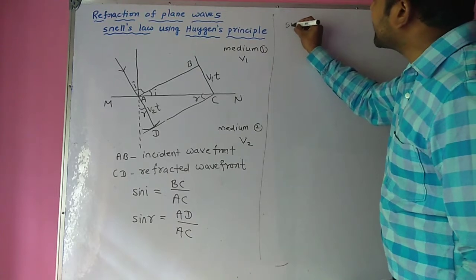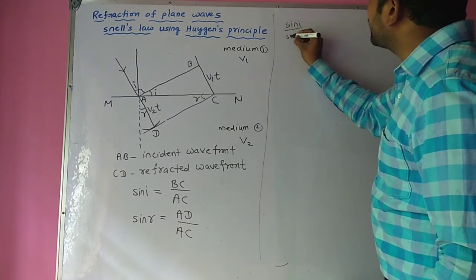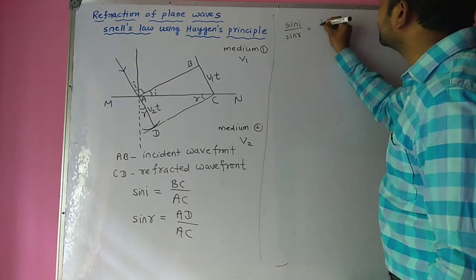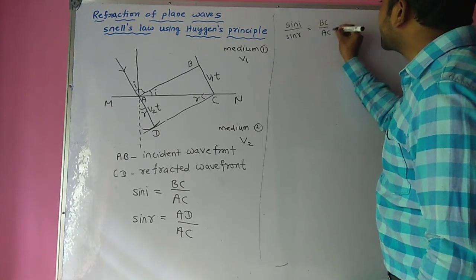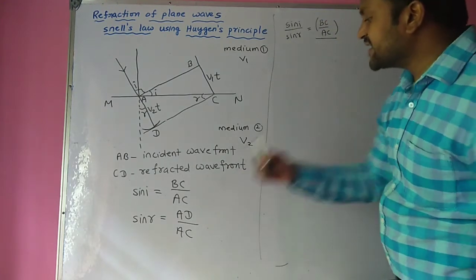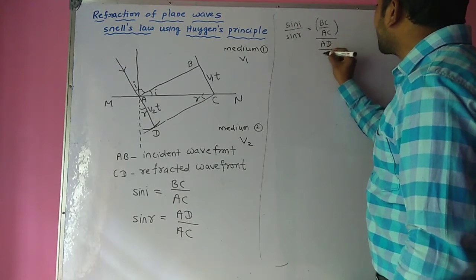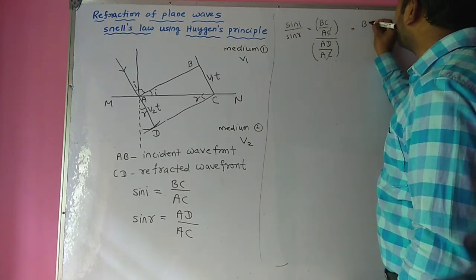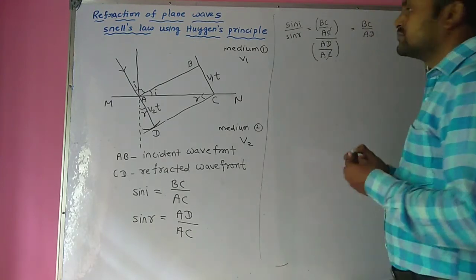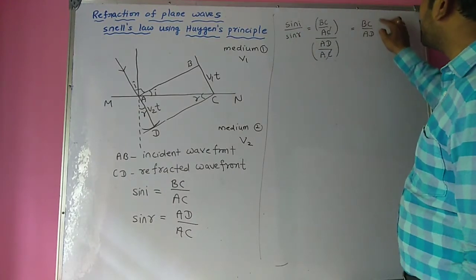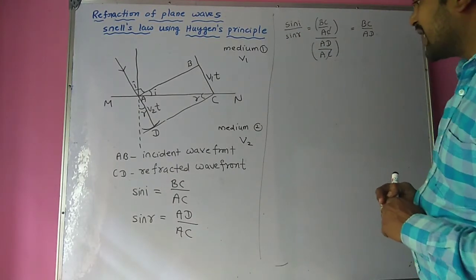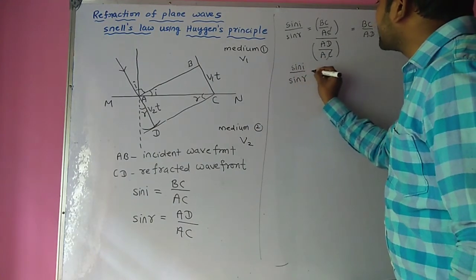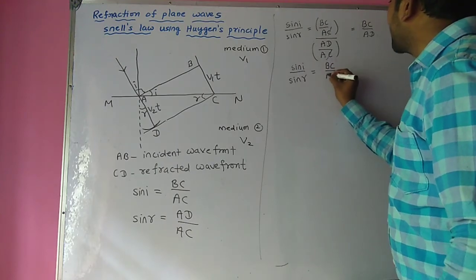Now take sin i by sin r. Sin i we already determined is BC by AC, over sin r which is AD by AC. AC cancels, so sin i by sin r is equal to BC by AD.